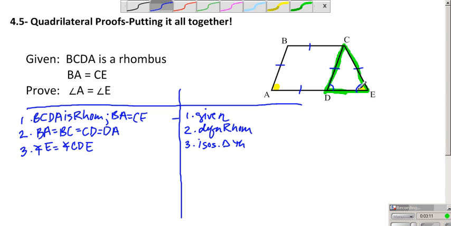Now, why does that help me? If you go back, and remember, one of the things we're always going to be looking for is, can I make that substitution? These lines right here are parallel.